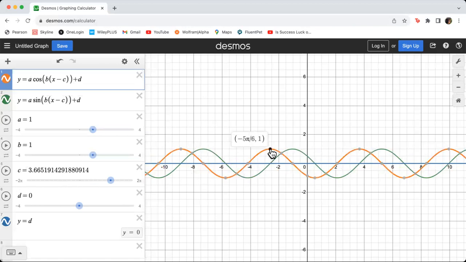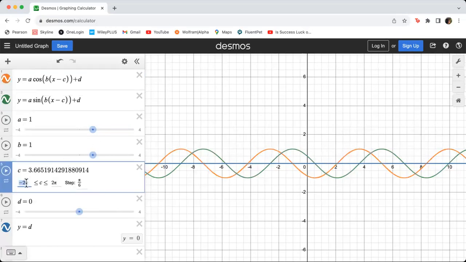So here's the top point, and here's the next top point. And here's the next one after that. So from negative 5 pi over 6 to 7 pi over 6. I had to do fractions, didn't I? Jerk move on my part.